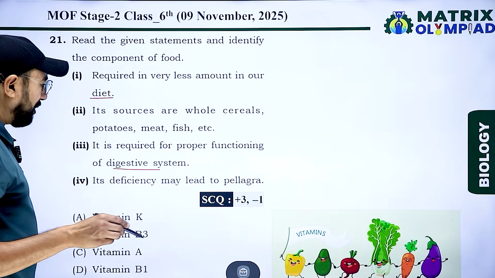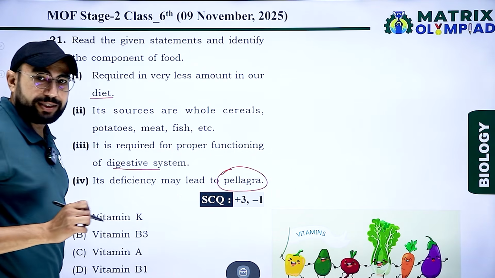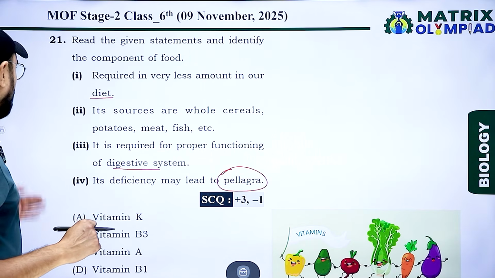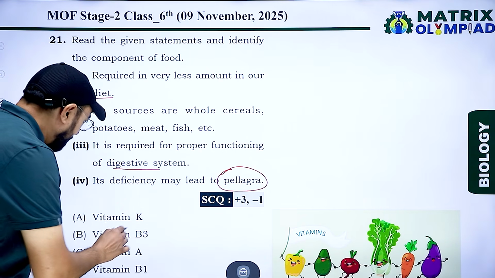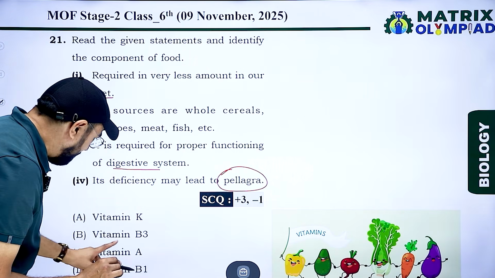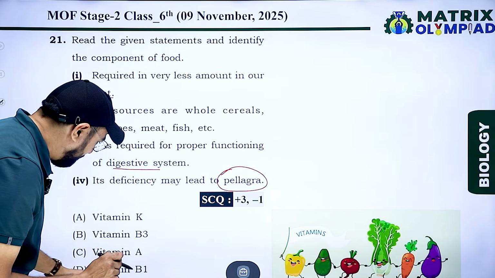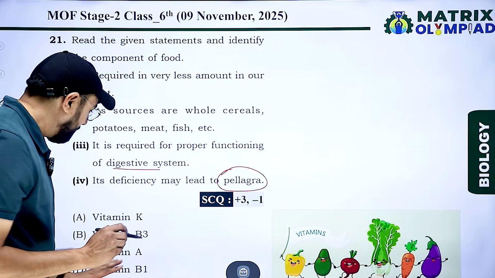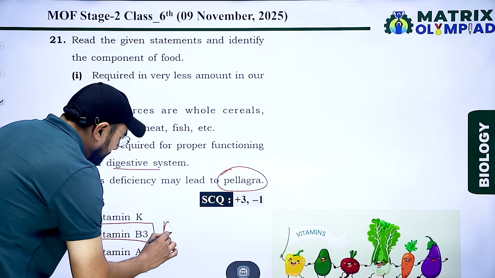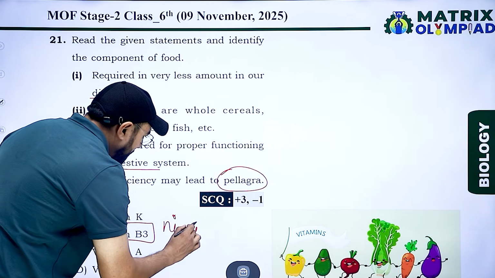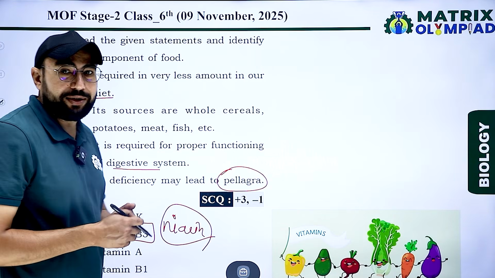Its deficiency may lead to pellagra, a skin disease. These are the statements. Option A vitamin K, option B vitamin B3, option C vitamin A and option D vitamin B1. Option B, vitamin B3 niacin, is the right answer for question 21.